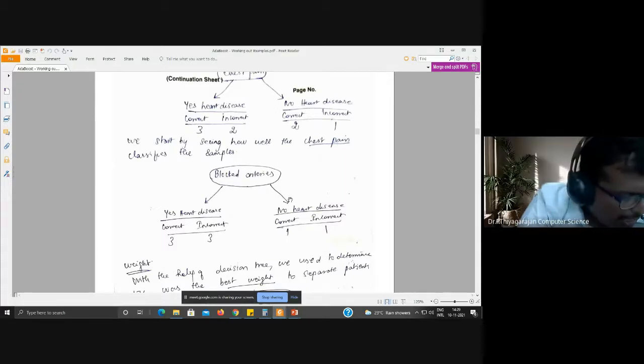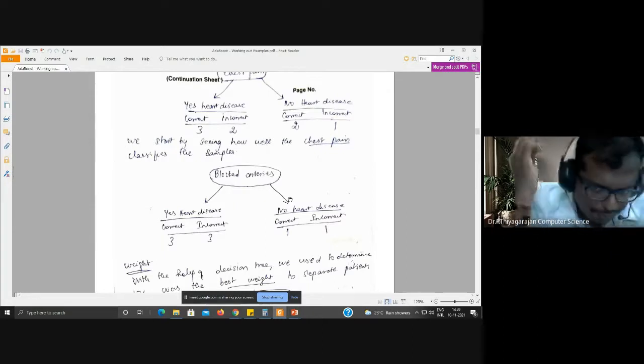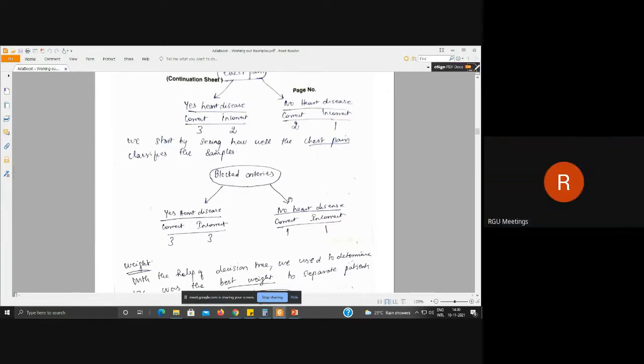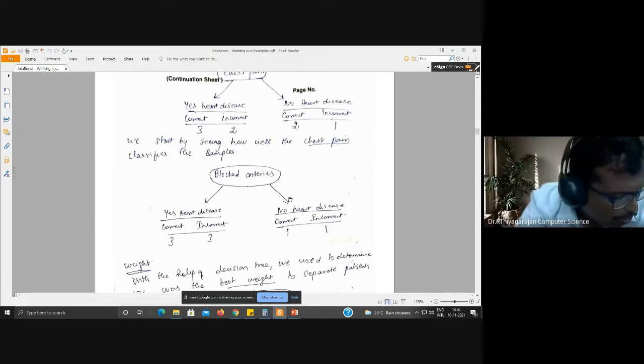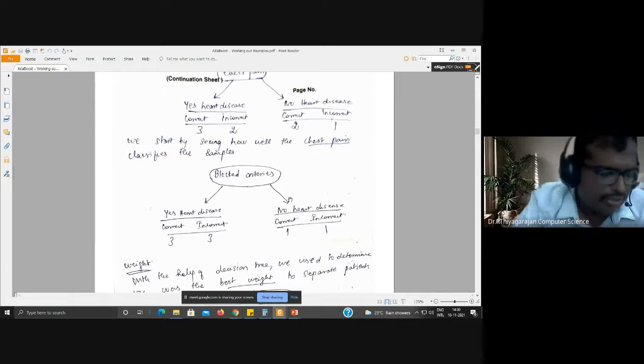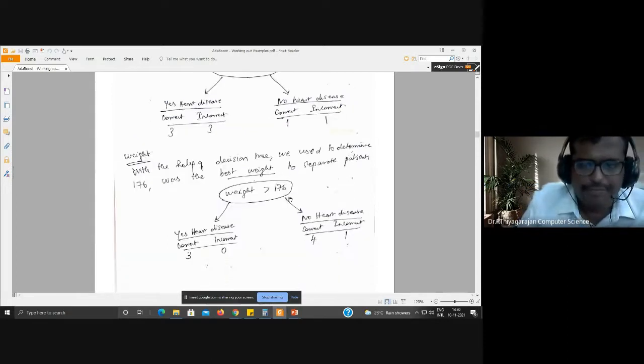Yes. And similarly in the blocked arteries, check how many times there are no blocked arteries and no heart disease. 1. Yes. No blocked arteries and heart disease is yes, it is 1.